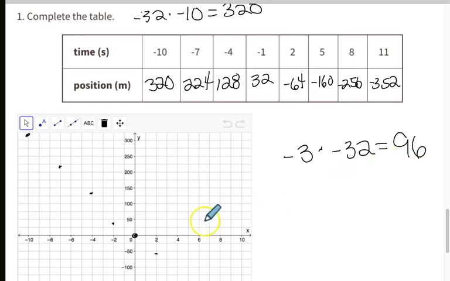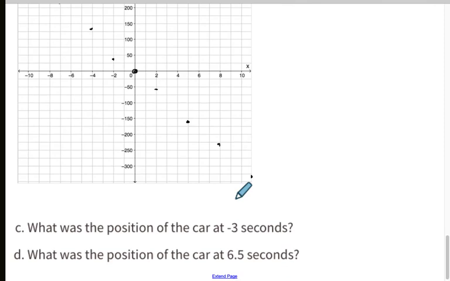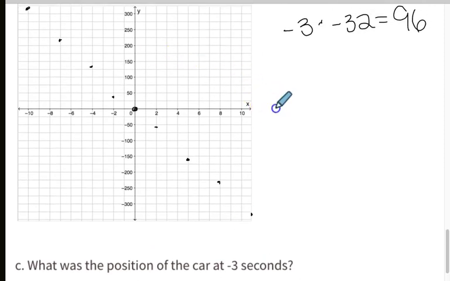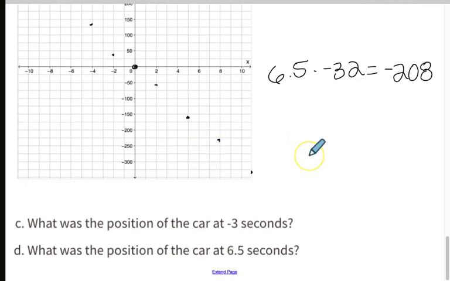And I could check and go, okay, negative 3 and positive 96, that would have fit here. The other question was, what is the position at 6.5 seconds? So if I take 6.5 and multiply it by negative 32, 6.5 times negative 32 is negative 208. And if I were to check it, 6.5, negative 208, should be about here, so that would work.